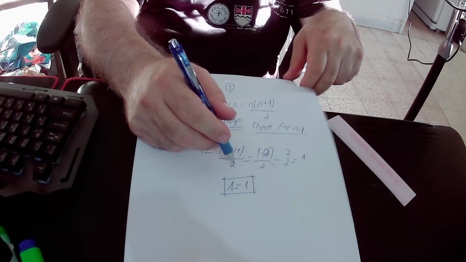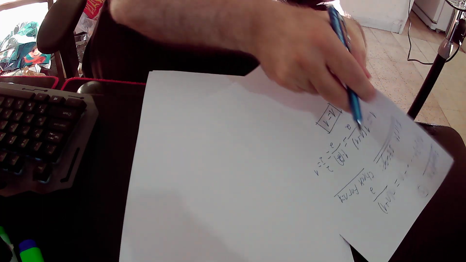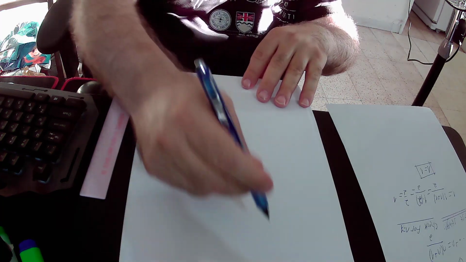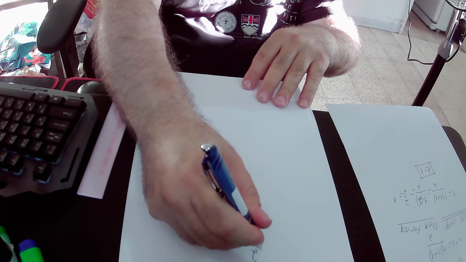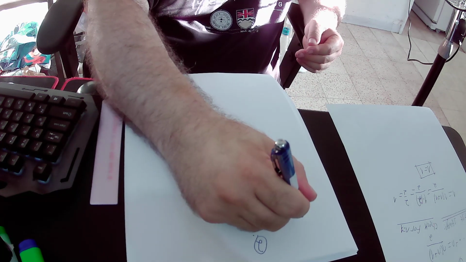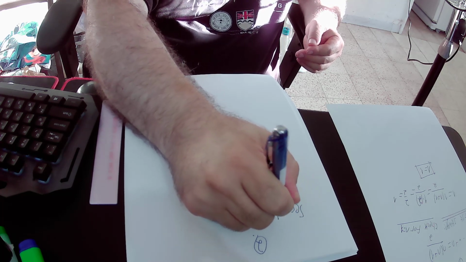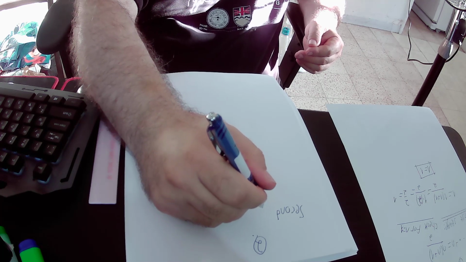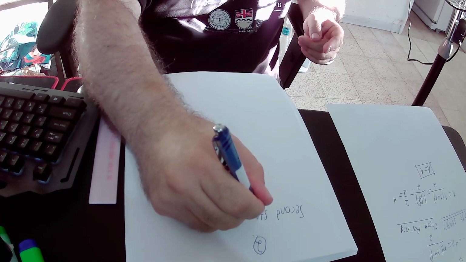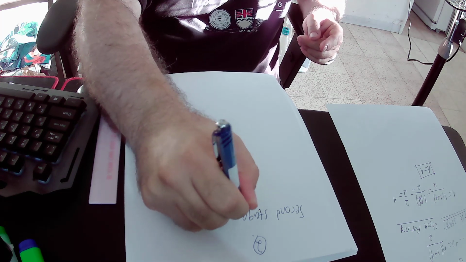Only now we can proceed to the second stage, and in the second stage we actually will assume that the statement is true for n, and when we rely on this assumption we will prove that the statement is also true for n plus 1.